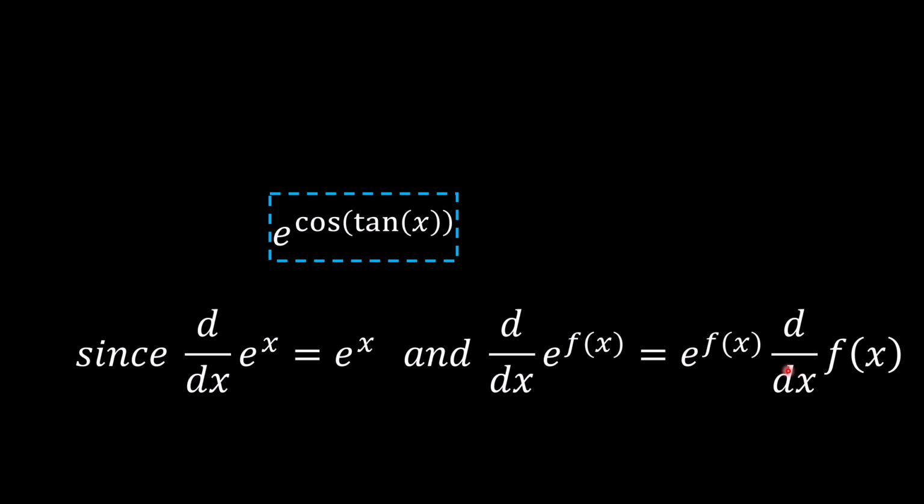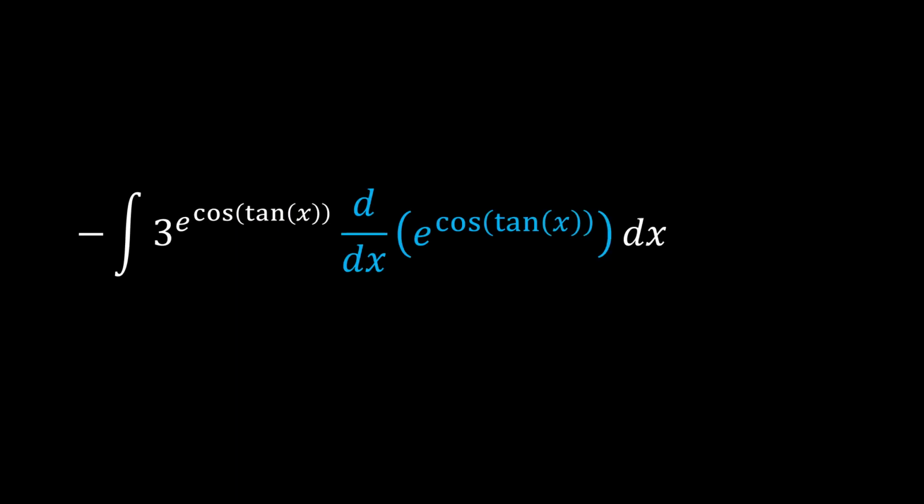So if we take f(x) to be cosine of tangent of x, then e to the power cosine of tangent of x times the derivative of cosine of tangent of x is the same as the derivative of e to the power cosine of tangent of x. So this is good. We're making progress.